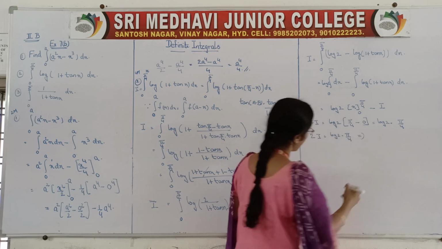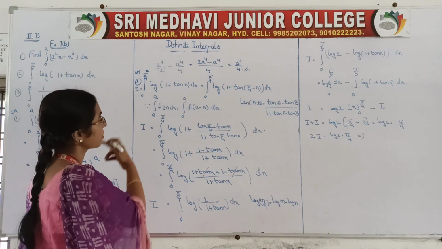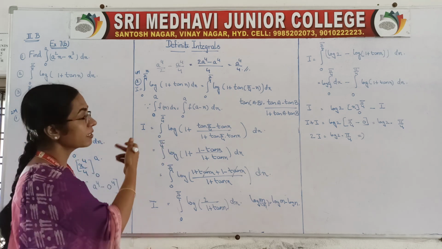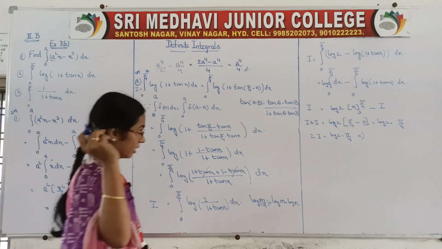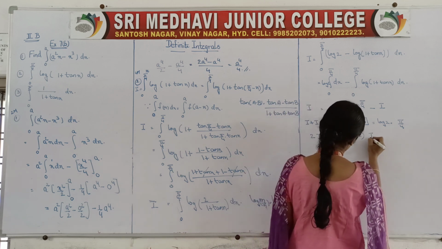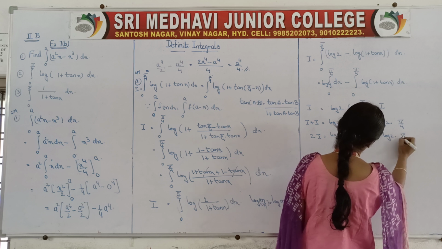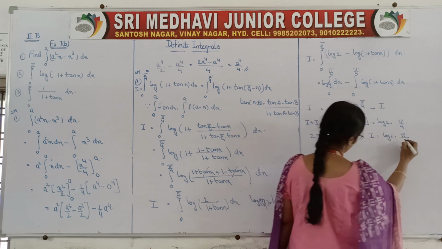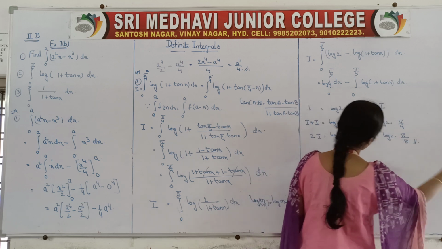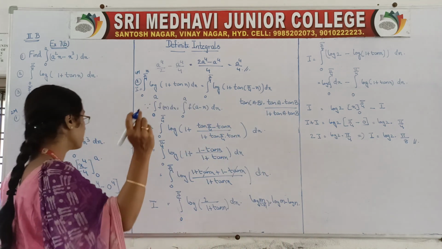We want the I value. Why? We have taken the given integral as I. We want that value, so send this to that side. I is equal to log 2 into pi by 8. Already 4 is there, 4 2s are 8. That is the answer of your question. 4 marks question, very simple.